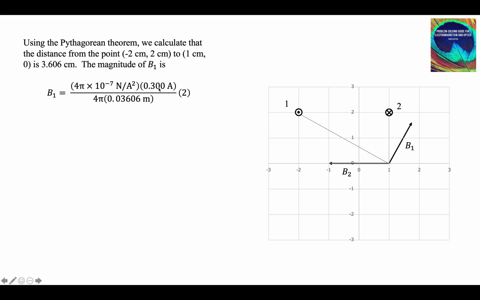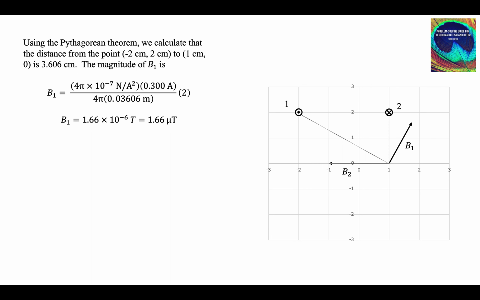So mu naught I over 4 pi a, where a is the perpendicular distance. And the 2 is because it goes infinite into the page and infinite out of the page. We can plug in the numbers, push the buttons, 1.66 microtesla.